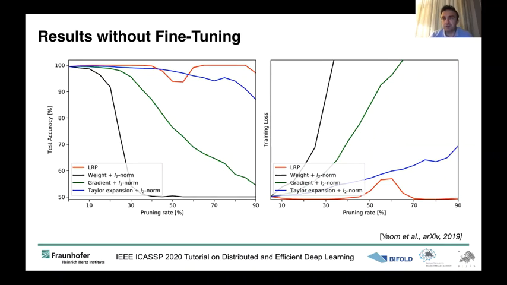So this was just a short presentation of pruning. There are a lot of other methods, also many different regularization techniques to get sparse networks.